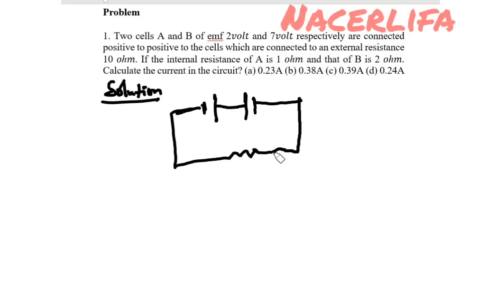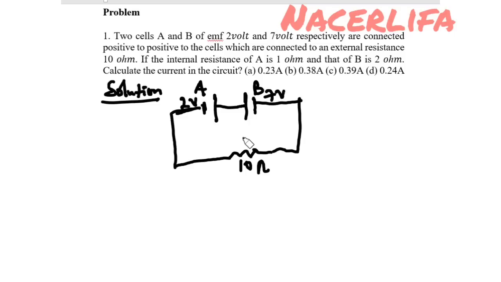So this is an external resistor of 10 ohm. And these are cell A and cell B. We are told that cell A is 2 volts and cell B is 7 volts.